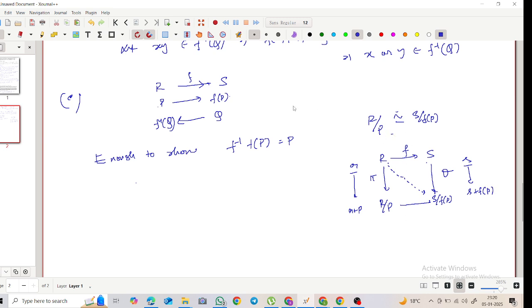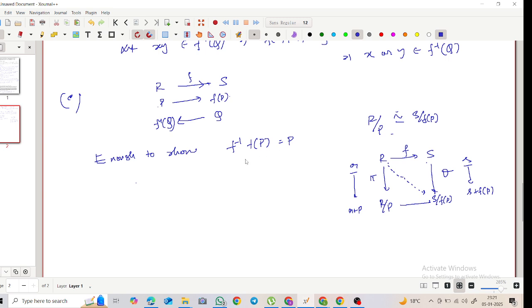And we have shown this bijection in 2. So you have to show this, right?